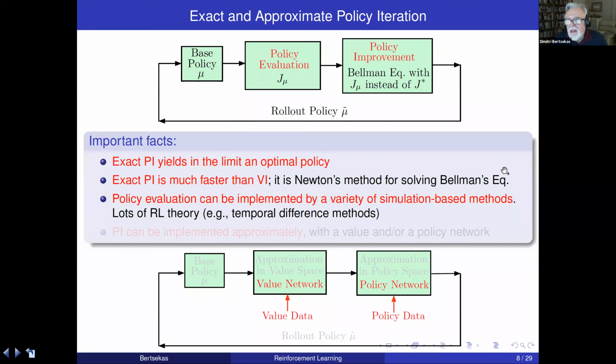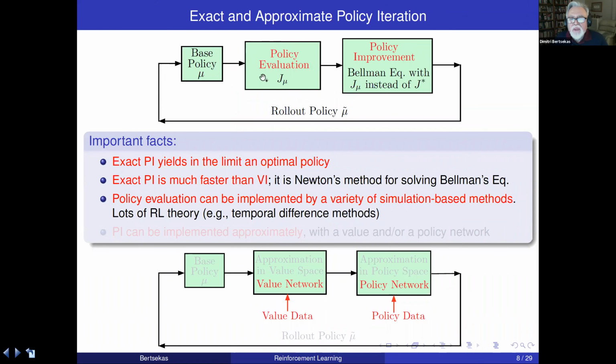However, in reinforcement learning, we have to deal with approximations because the problems we're looking at are very challenging. And very often we have to resort to simulation, typically around the policy evaluation step.